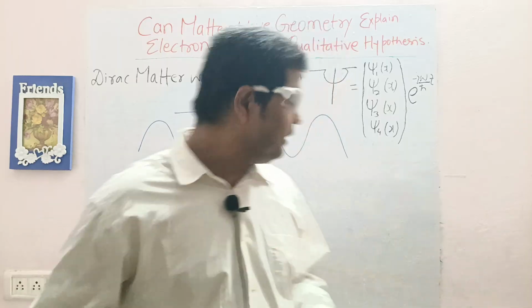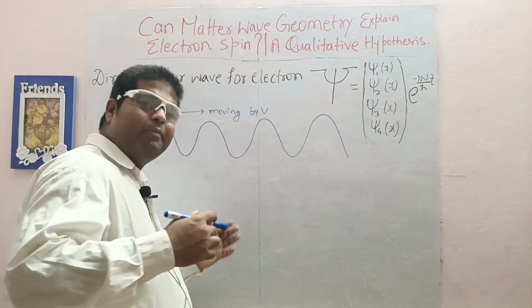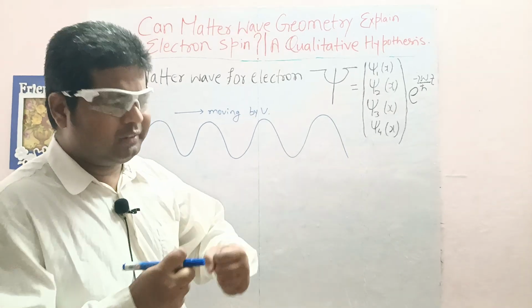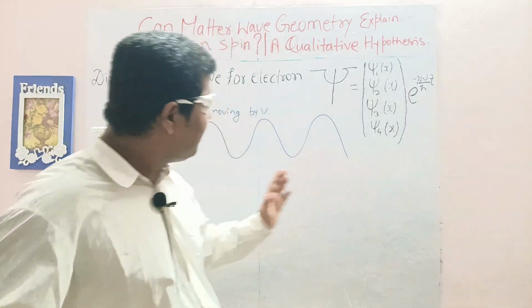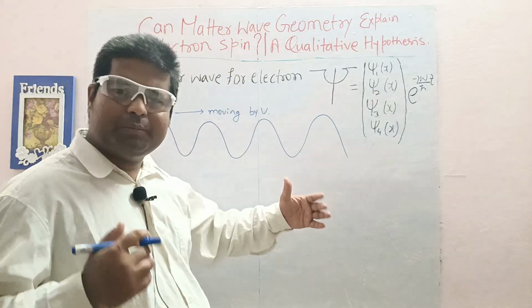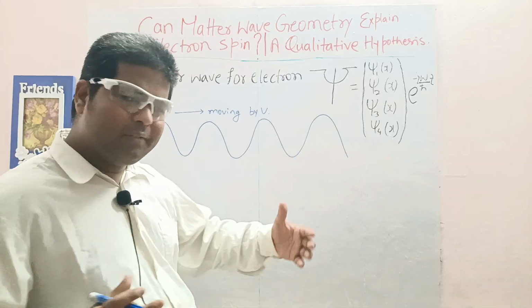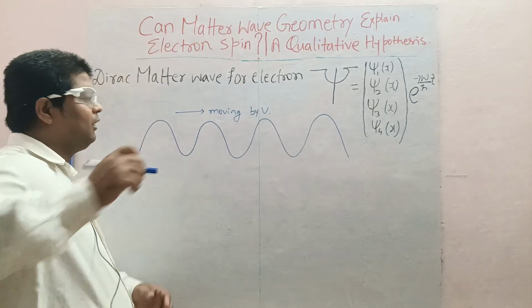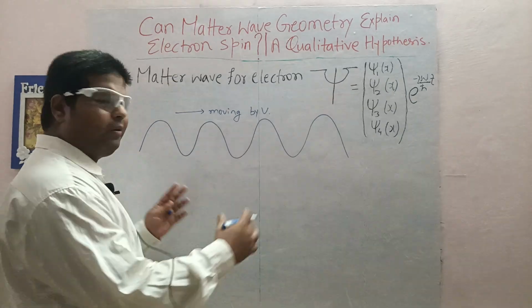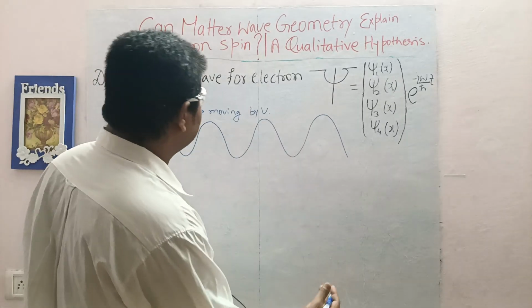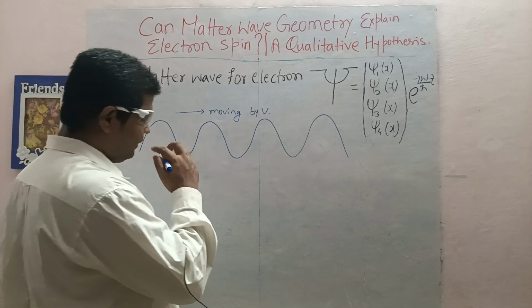I'm going to tell you that for a free particle, in the standard theory the wave spreads out up to infinity. But here I'm thinking it also has some definite area, definite domain where the wave is oscillating. See here. It's very, very long. That's why I call it a free particle.